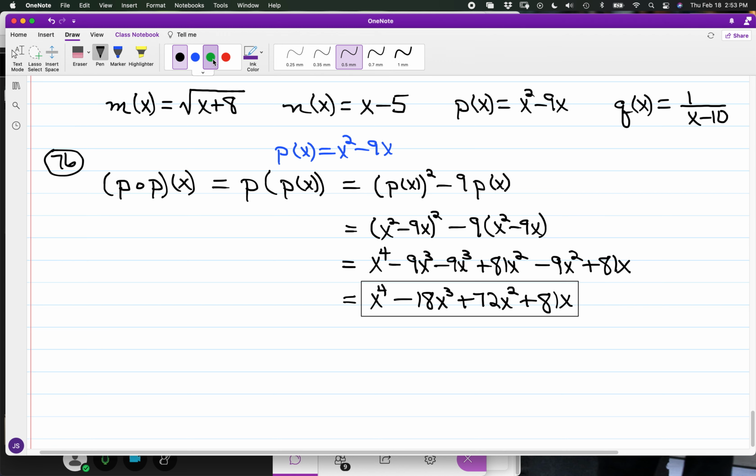Now, again, with the input, P of X is equal to X squared minus 9X, so you have no restrictions.